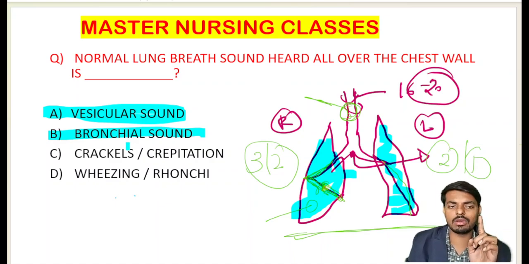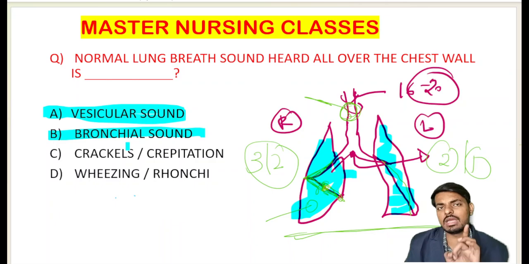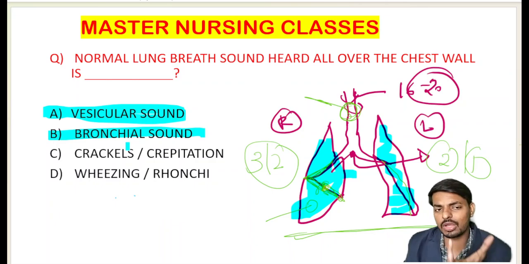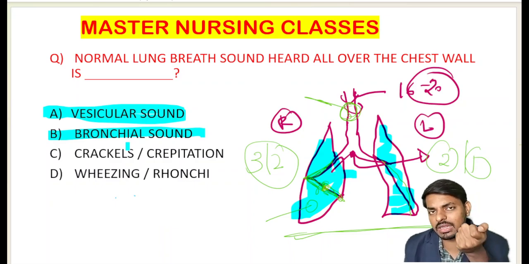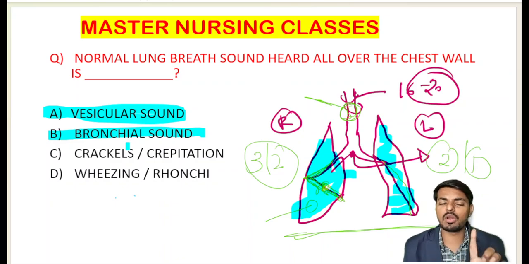Keep in your mind: vesicular sounds come over the entire lung field, and the bronchial sound comes over the trachea, where the examiner will try to ask the question and confuse you. In the options you will get bronchi also, but the answer is not bronchi. The bronchial sound you will hear on the trachea of the patient.